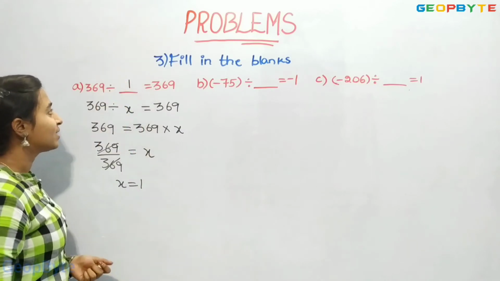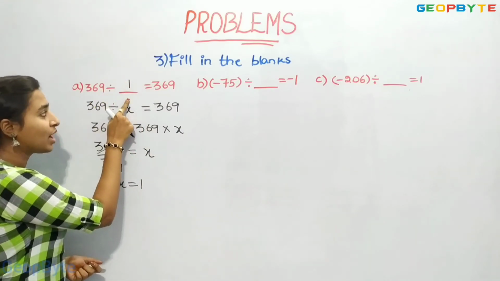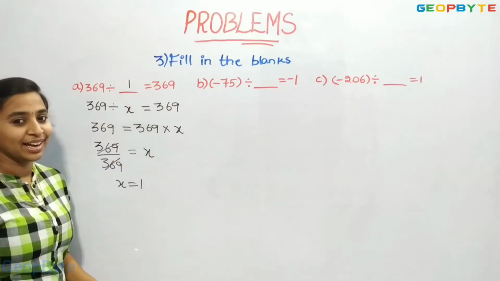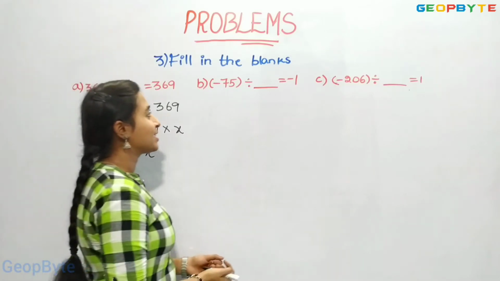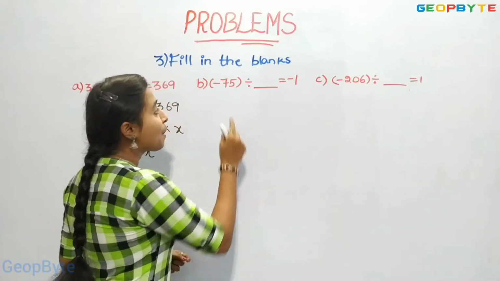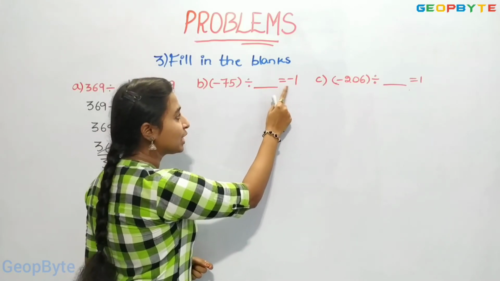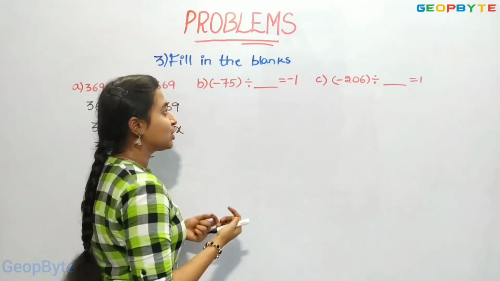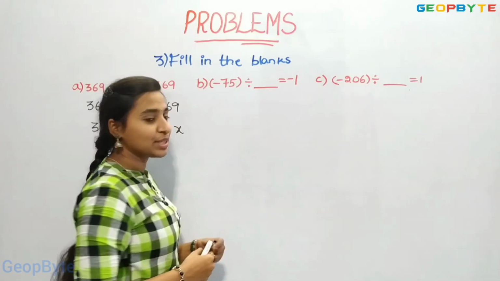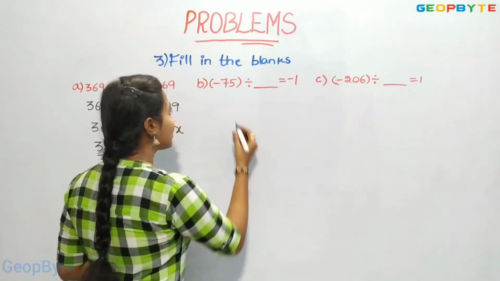Let us write 369 divided by 1 is equal to 369. Now, let us see the b bit. Minus 75 divided by dash is equal to minus 1. As usual, we will assume this missing integer as x.